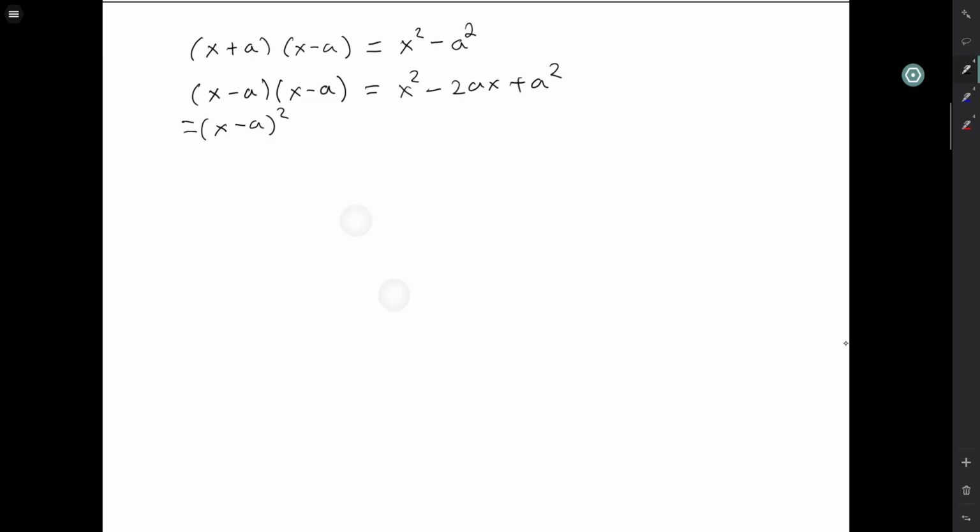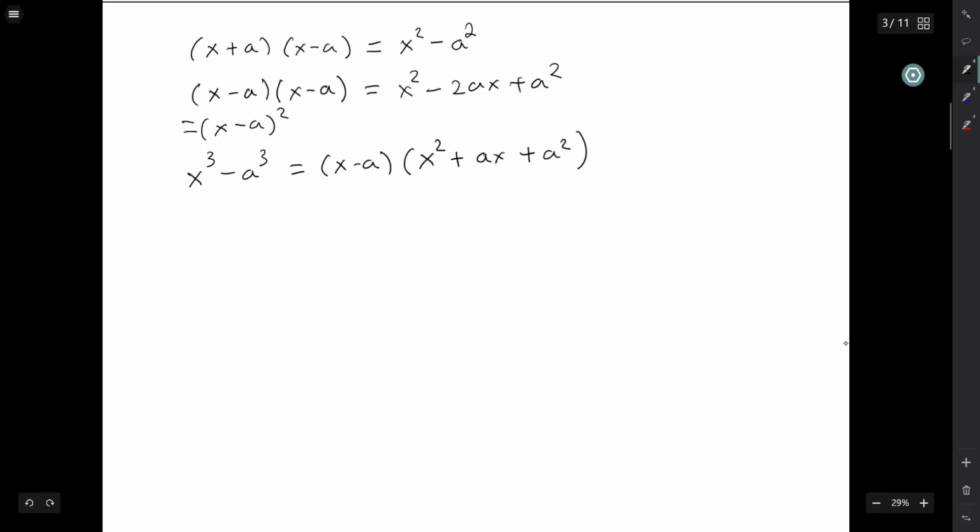Now if I flip it around and I instead look at x cubed minus a cubed, this has a special factoring form. I get x minus a multiplies to x squared plus ax plus a squared. And you can check that just by multiplying it out like we did on the previous page. We've also got one to match with the sum of cubes.